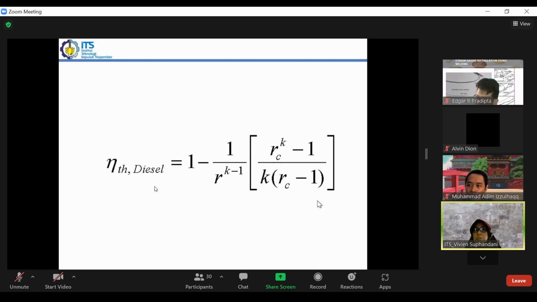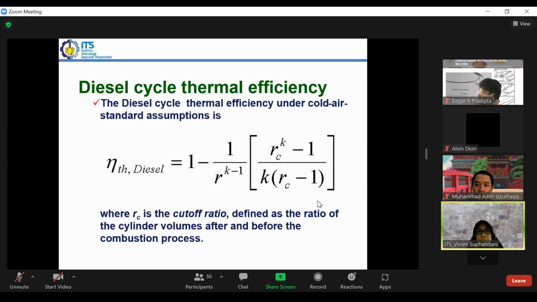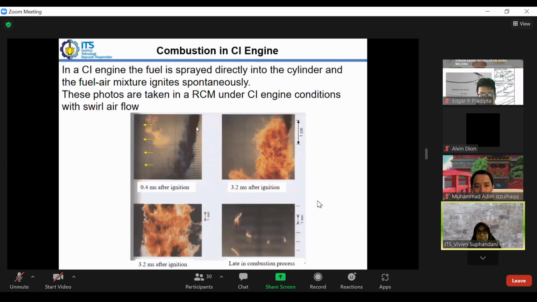You can use this formula to calculate the theoretical thermal efficiency of the diesel engine, using the cold air standard assumption.